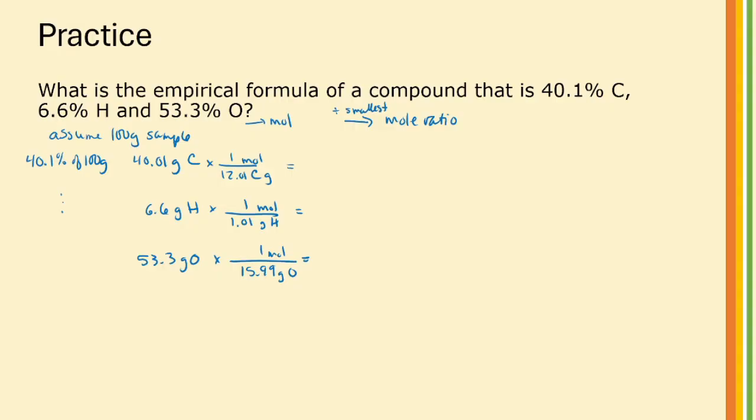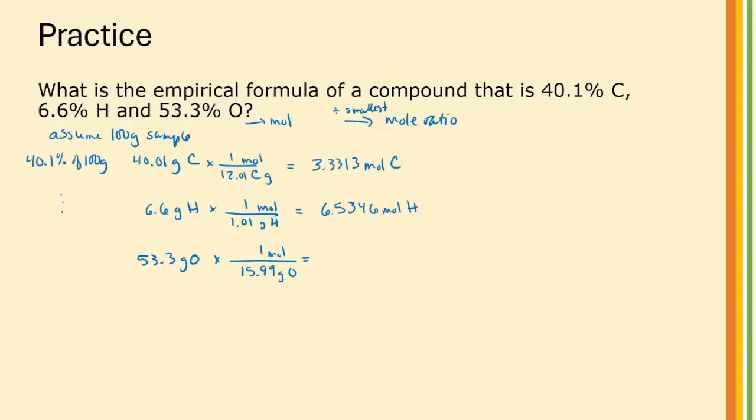40.01 divided by 12.01 is 3.3313 moles of carbon. And 6.6 divided by 1.01, we get 6.5346 moles of hydrogen. I like to keep a whole bunch of numbers. It'll take care of itself later.